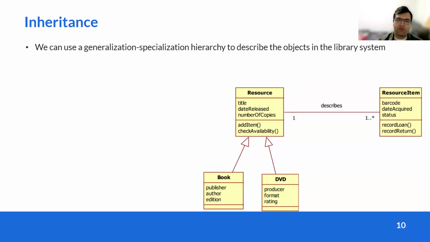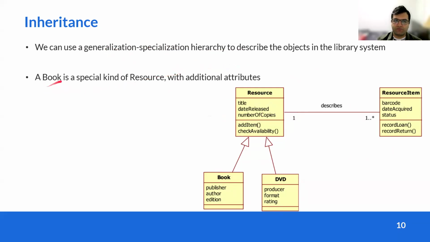Types, that's the word you're looking for. So there's a general class, which is resource, and then there are specialized classes. A specific type of resource is called a book, and another is called a DVD. So that's generalization and specialization.